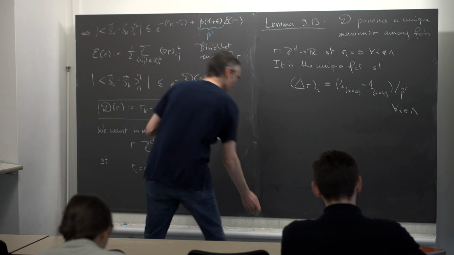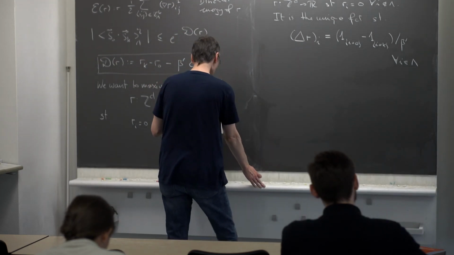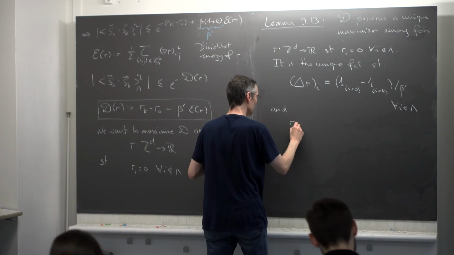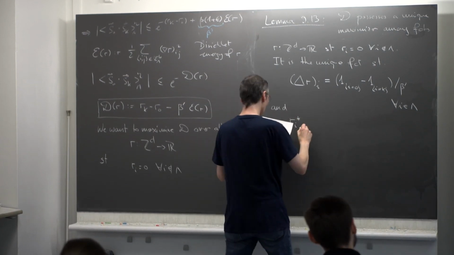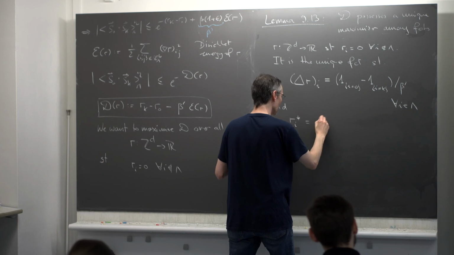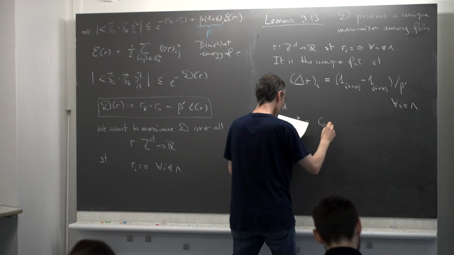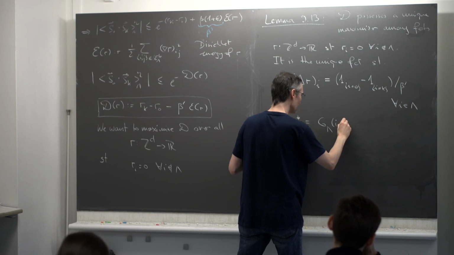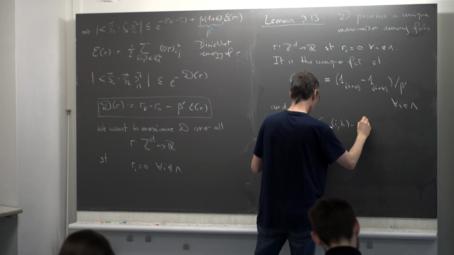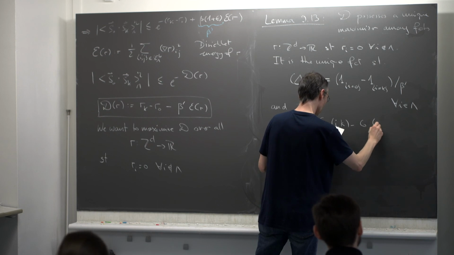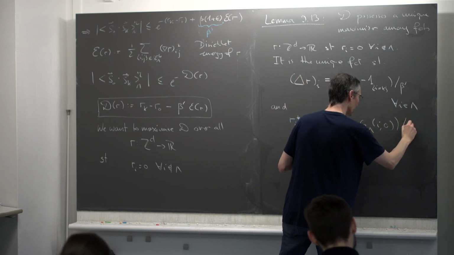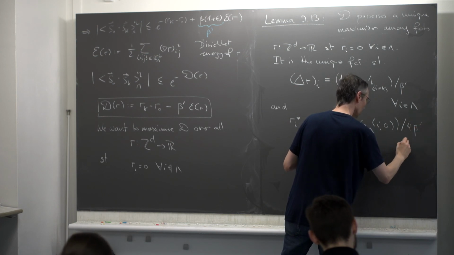And finally, you can write it explicitly. R_i star is equal to the Green function in the box lambda, evaluated at (i,k), minus the Green function lambda (i,0), divided by 4 beta prime. Again, for any i in lambda.